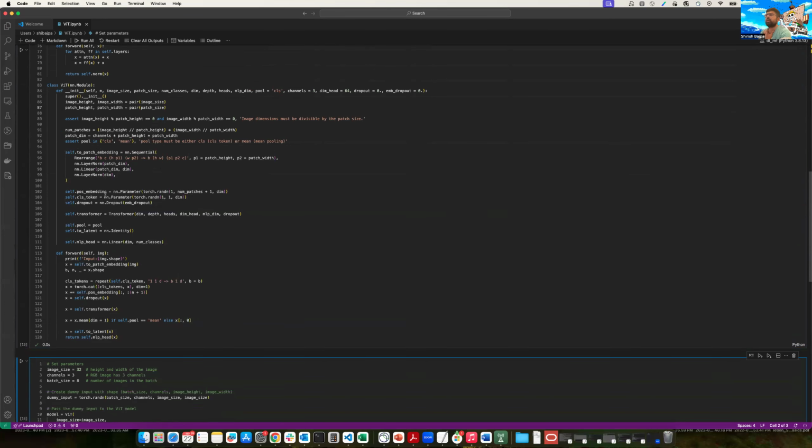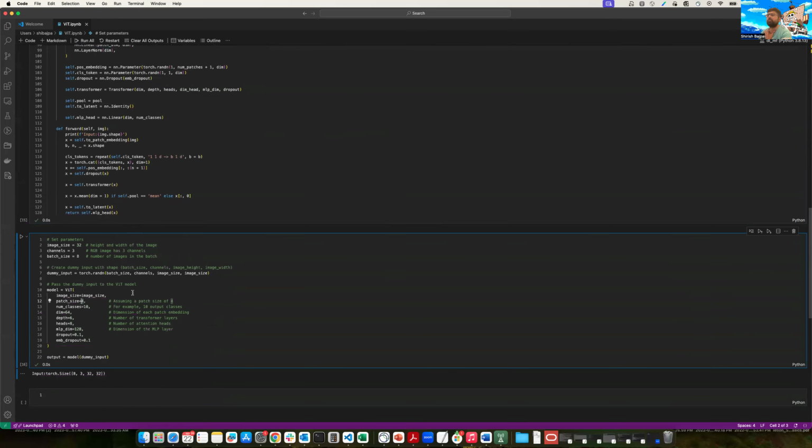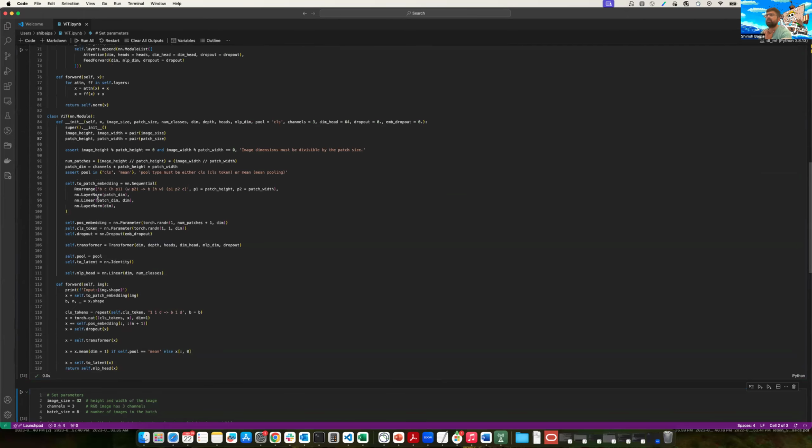So now, if you look at the input, we know that our input looks like this: 8 into 3 into 32, 32, right? And we know that P1 is the patch height, which is 4.